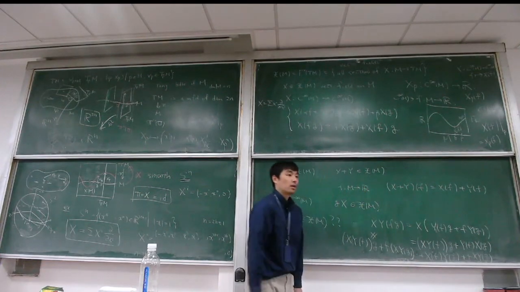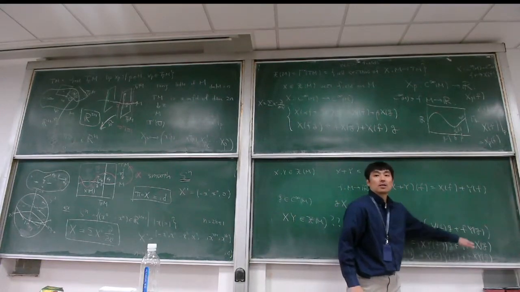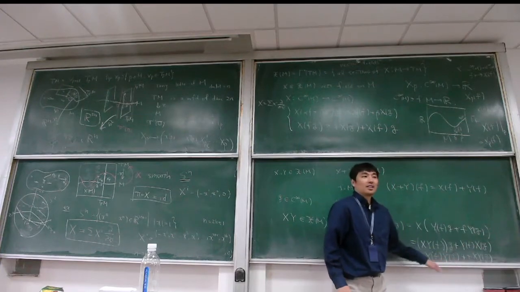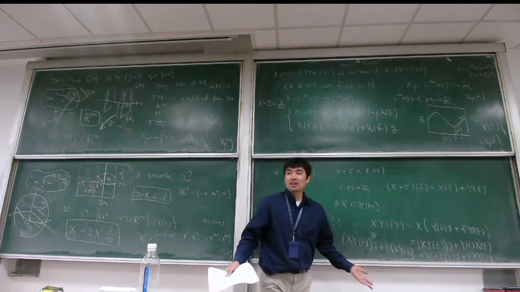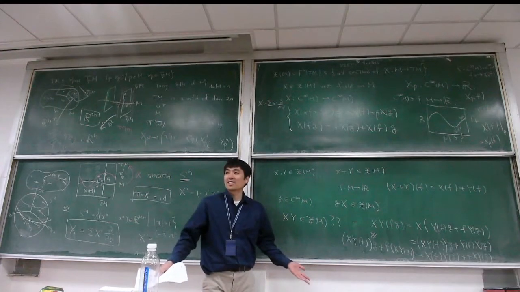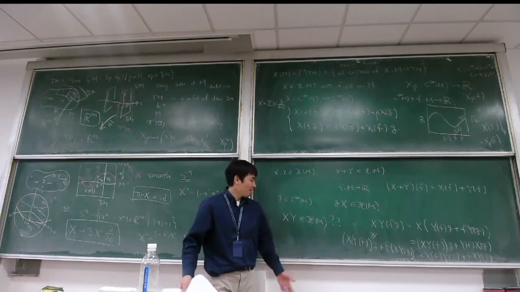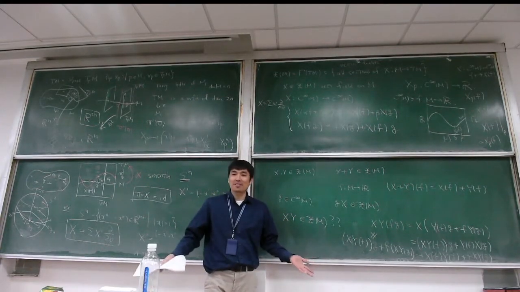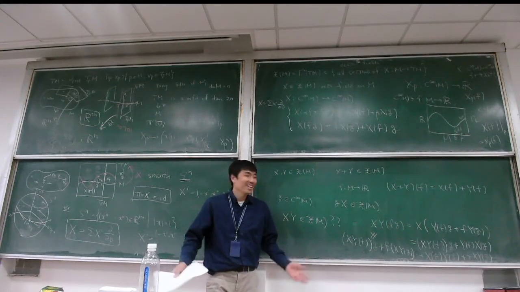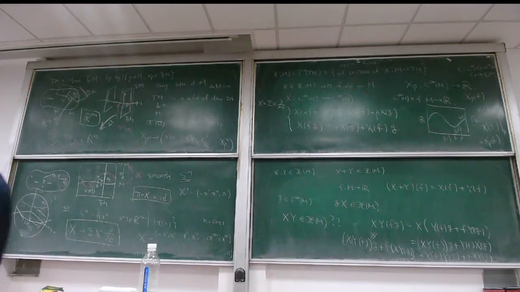Okay. You have an extra piece. Do you understand? So therefore, they do not satisfy the Leibniz rule. Okay? Do you understand? So therefore, X times Y is not a vector field. Hopefully you understand that. Any question?